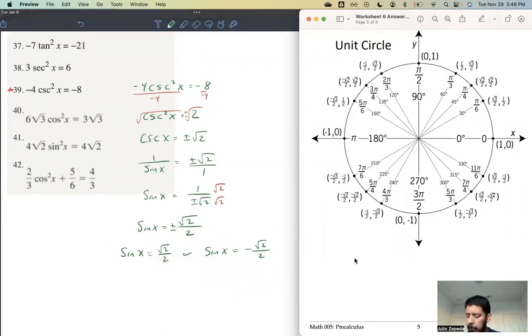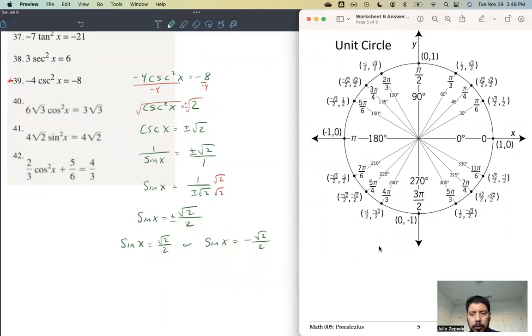The sine of what angle is square root 2 over 2? The y value needs to be square root 2 over 2. That's this one here. x equals pi over 4. Oh, here's another y value that's square root 2 over 2. That's 3 pi over 4.